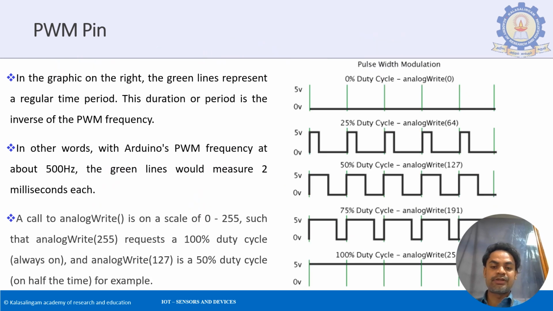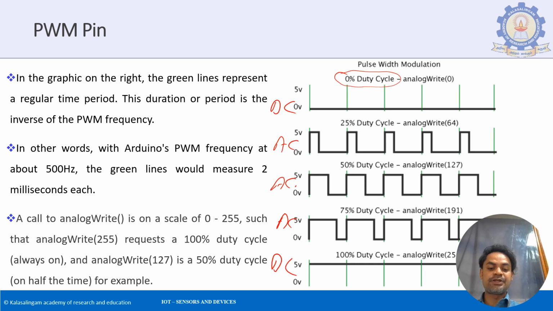You can understand this by the waveform over here. You can see that the black line is specifying the signal. If it is entirely 0, you can say that it is a 0% duty cycle because the on time is 0, whereas the off time is 100% of the entire signal. So it is equivalent to a DC signal. This is an AC signal, which has a positive and a negative.